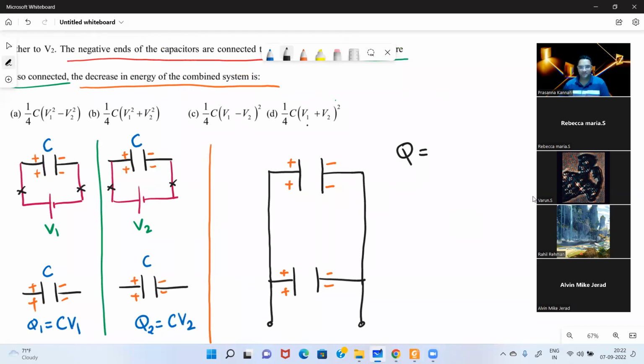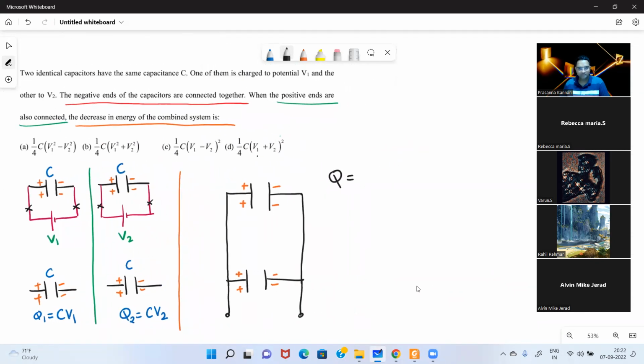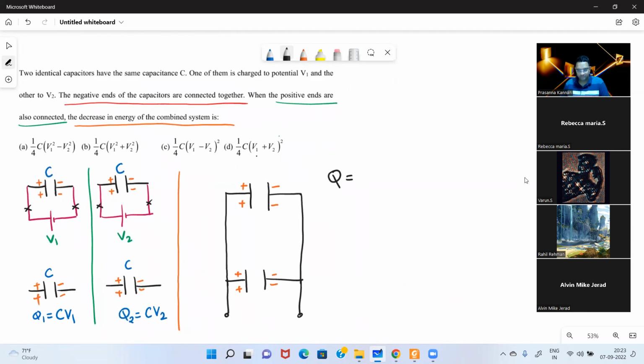Q is equal to CV. No, that's fine. Tell me in terms of Q1 and Q2. Q1 plus Q2, sir. Yeah, Q1 plus Q2.